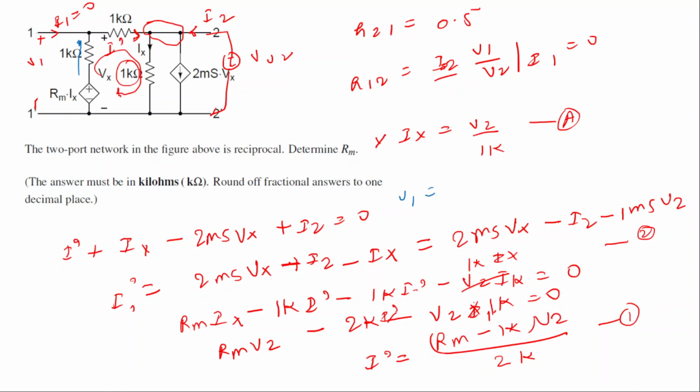So this will be V1 minus plus this plus 1k times I dash minus Rm times Ix equals to 0, and V1 we can say is 1k times I dash minus Rm times Ix, Ix is V2 by 1k, so this is our equation.